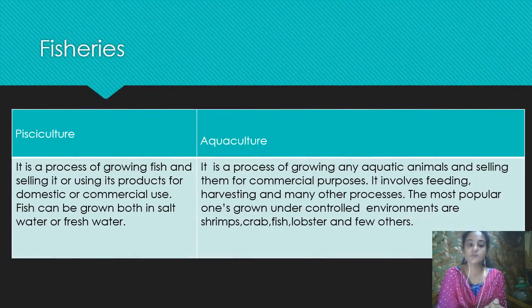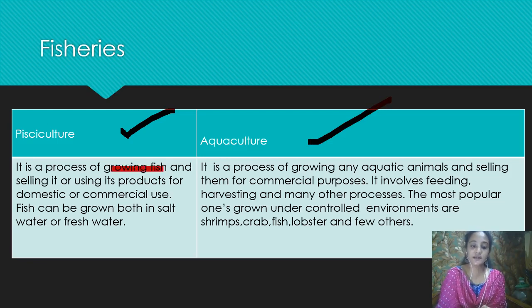Okay, so let's see the difference between pisciculture and aquaculture. You can note this down. Sometimes this can be asked in your exams also. Normally we commonize these two things, pisci and aqua, but there is a difference. Pisci is all related to growing fish, selling it, and using its products for domestic purposes. And it can include freshwater fish as well as marine fish.